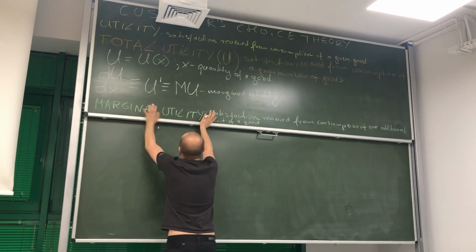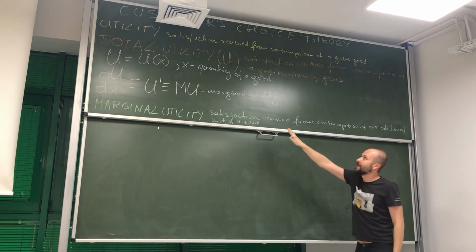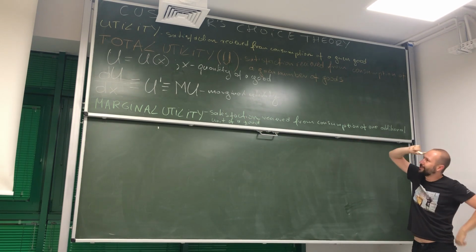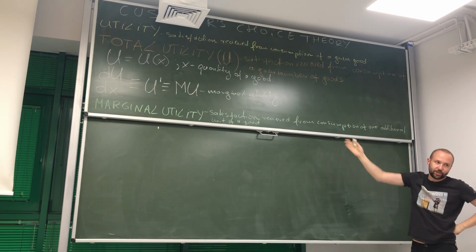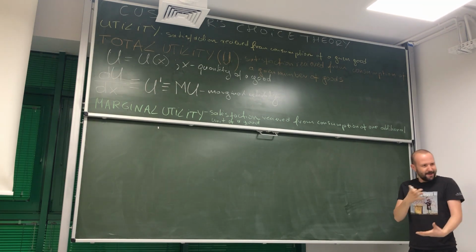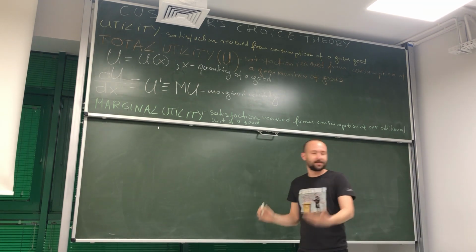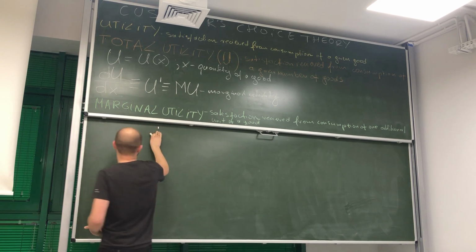Okay, so now look. Now that we know what total utility is, and now that we know what marginal utility is, maybe we can say something about the utility function.